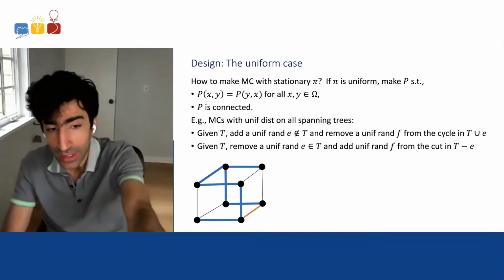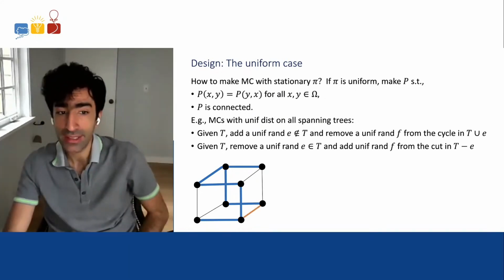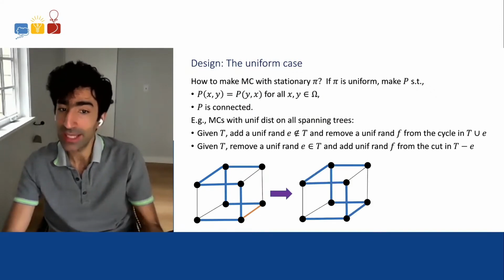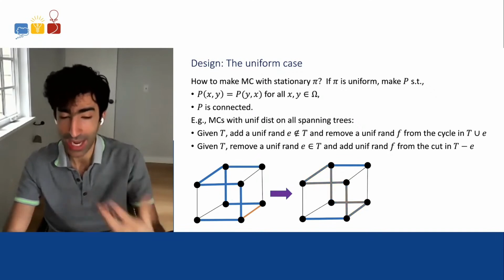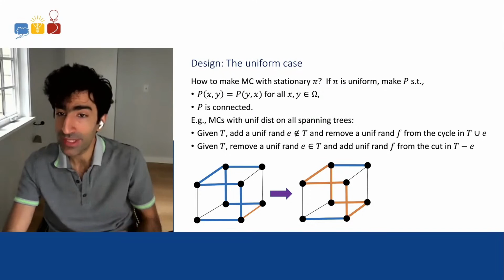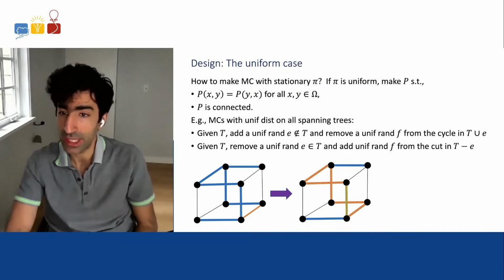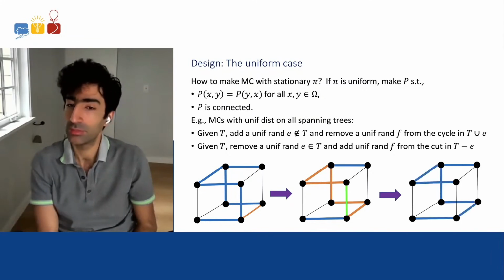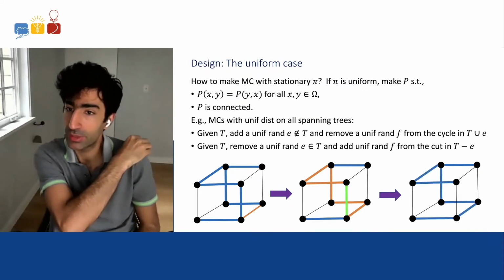For example, this orange edge is not in the tree, so I add it. After that, you get a cycle in your tree, because you added a new edge to a tree. Now you choose a uniformly random edge from this cycle, for example this green edge, or it could be the edge that you just added, and you delete it. Now you get a new spanning tree.